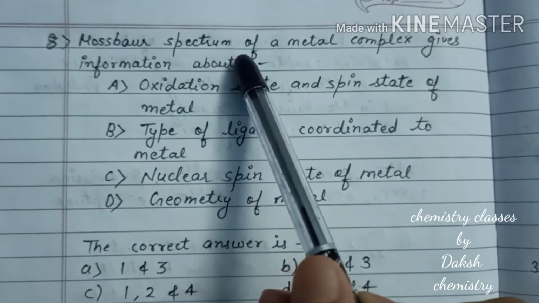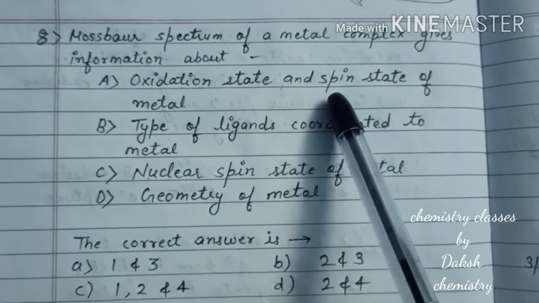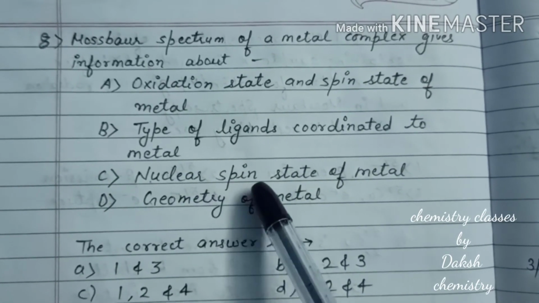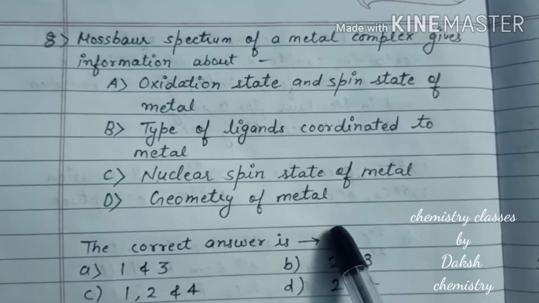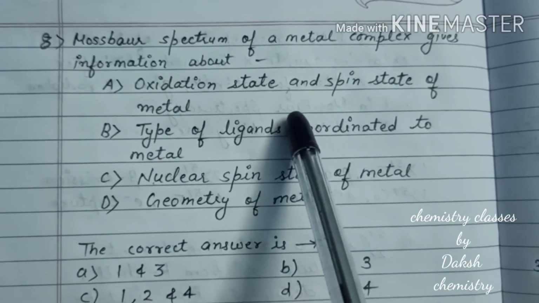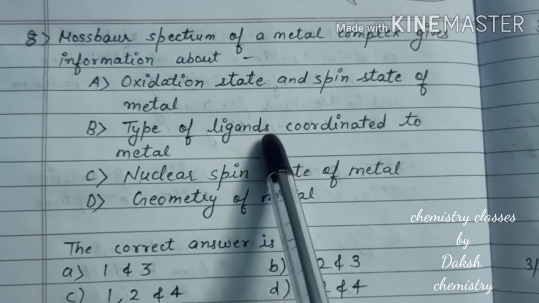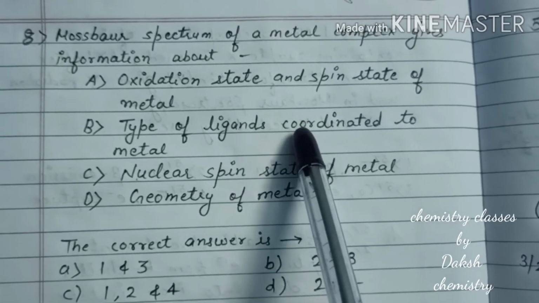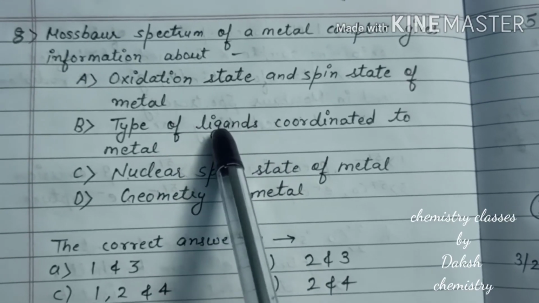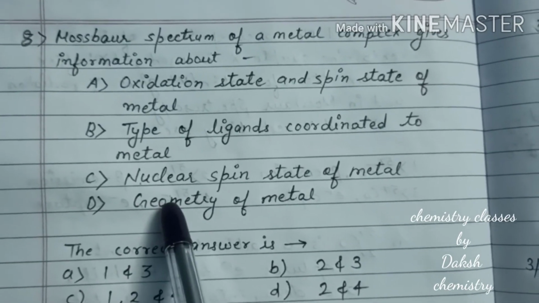Next question. The Mossbauer spectrum of a metal complex gives information about the oxidation state and spin state of the metal, the type of ligands coordinated to the metal, the nuclear spin state of the metal, and the geometry of the metal. The Mossbauer spectrum gives information about the oxidation state and spin state, and the type of ligand coordinated to the metal, because from the spectrum of the molecule we get information about how many types of ligands are coordinated, and we also find out the geometry of the metal.